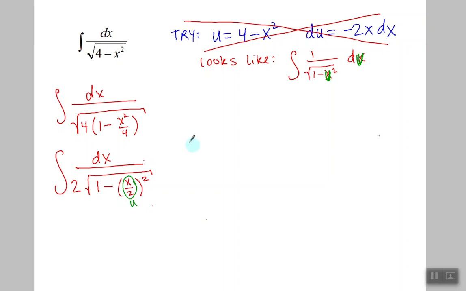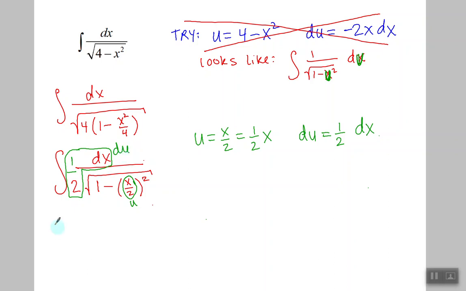So now let's try that. u equals x over 2, which remember is the same as 1/2 x, and then we'll take its derivative. du is 1/2 times dx, and look at that, I do have 1/2 times dx. So all of this part right here is my du.